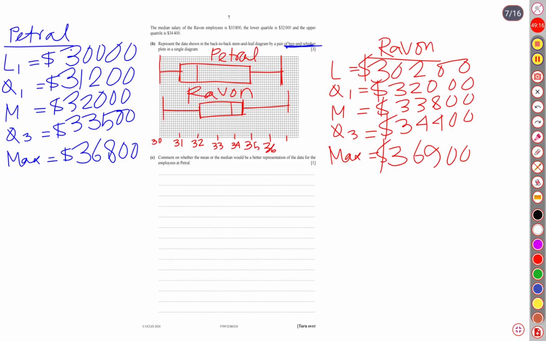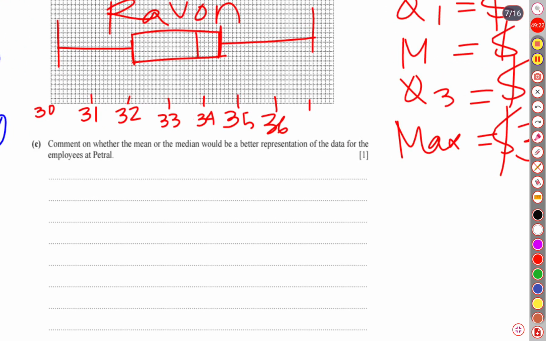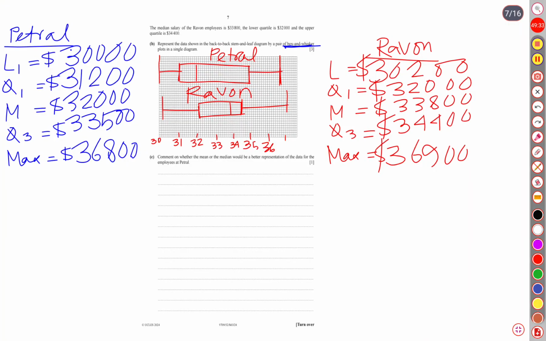Now question number C says to comment on whether the mean or the median would be a better representation of the data for the employees of petrol. For petrol, look at this.